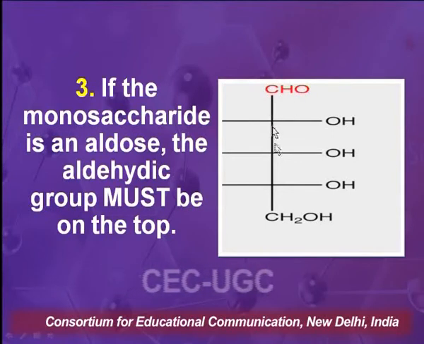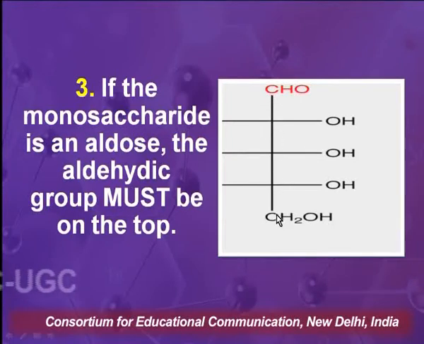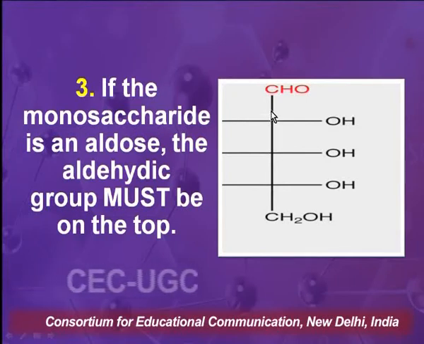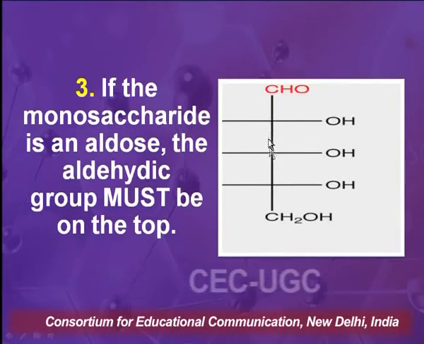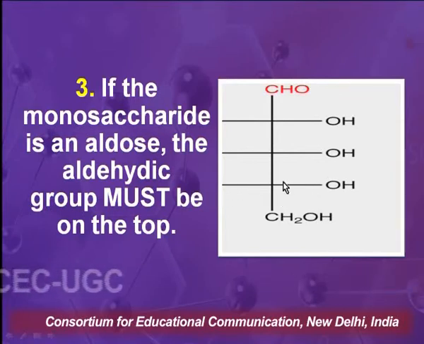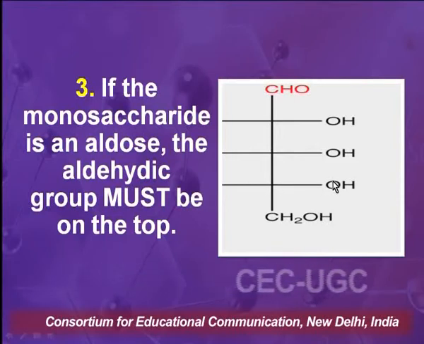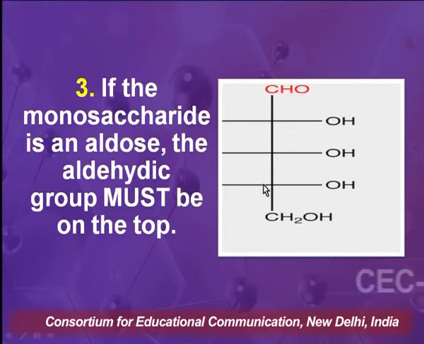And now in this case, what you have to remember is that the vertical lines represent the bonds which are going away from the observer, and the horizontal lines indicate the bonds which are coming towards the observer. And in Fischer's projection, chiral carbons are not shown.